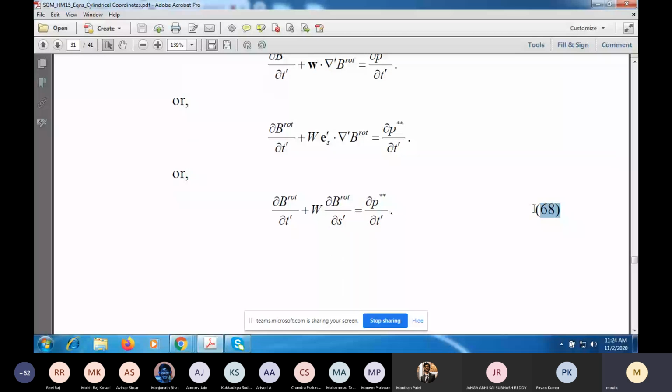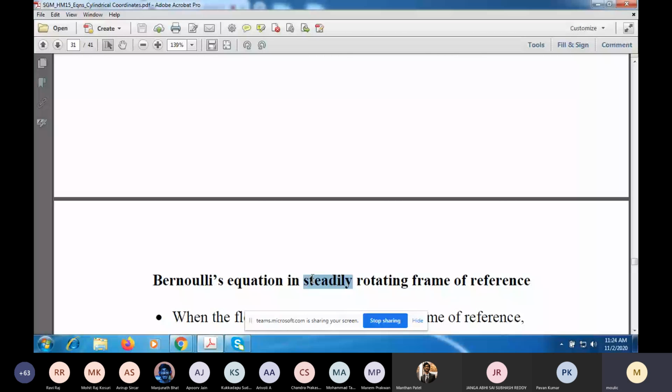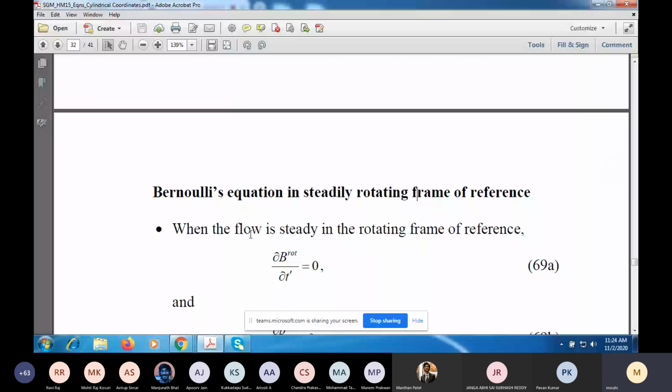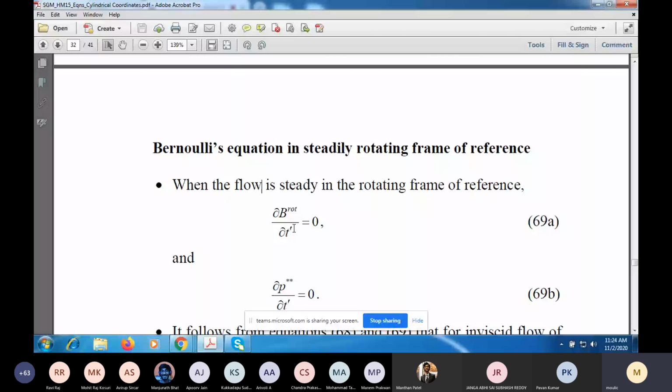That is, del/del t prime of B rot plus W del/del S prime of B rot equal to del/del t prime of another variable, which is your P star star. Okay. Now we look at what you may call Bernoulli's equation in a steadily rotating frame of reference. So when the flow is steady in the rotating frame, then del/del t prime of B rot and of P star star will be 0.